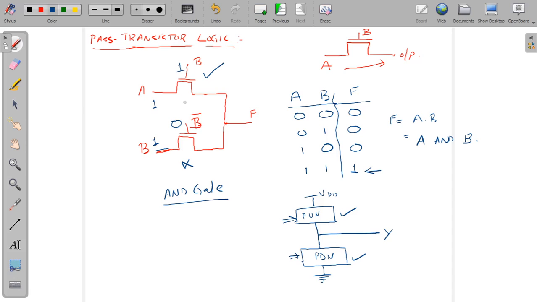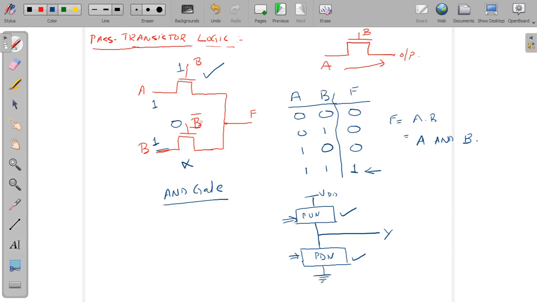But here, assuming that the inverters are available, the number of transistors required is just 2, 1 and 2 here. If you want to include this inverter also, then you can add the number of MOSFETs required to produce one inverted output.